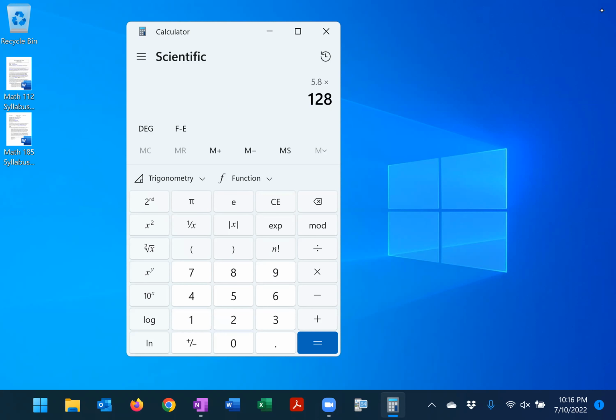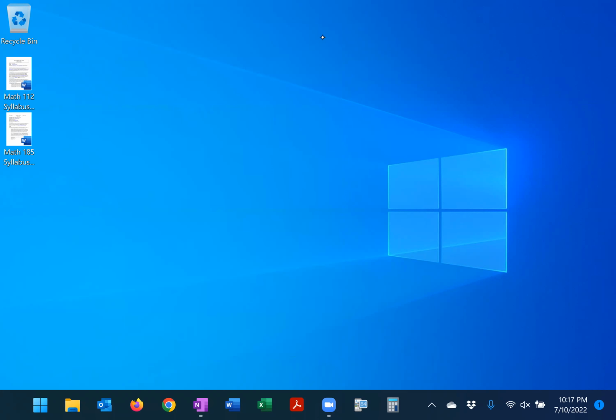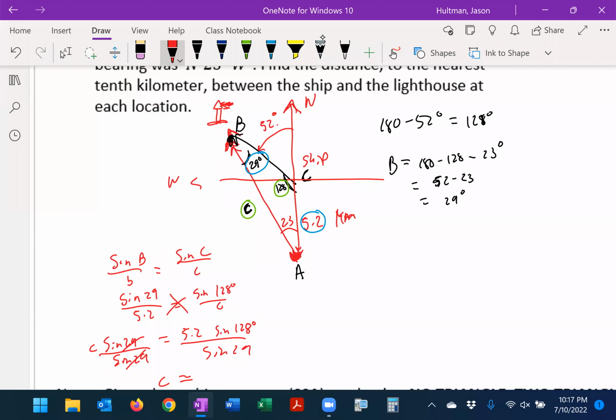So 128, and then I have to go trigonometry sine. So that's 5.8 times the sine of 128 divided by the sine of 29. Okay, and that's about 9.4 kilometers. 9.4 kilometers is how far the boat is now from the lighthouse.